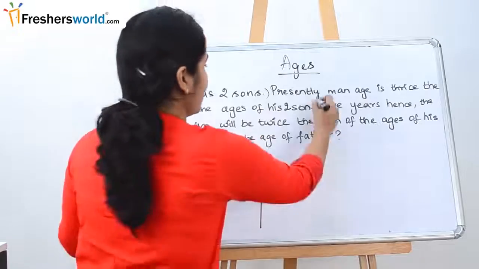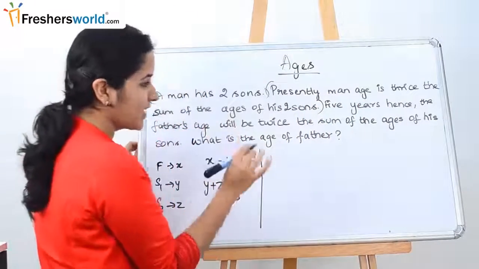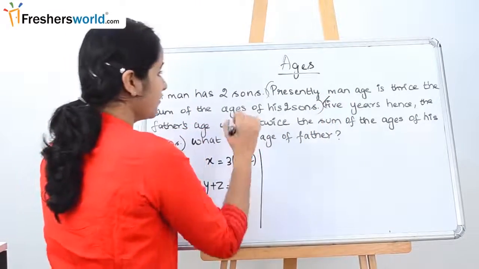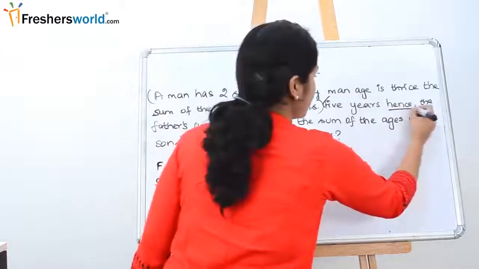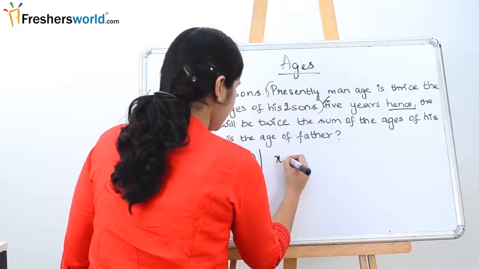Next part they have given is 5 years hence, the father's age will be twice the sum of the ages of his sons. So, this is the next part of the question. 5 years hence is after 5 years, so plus 5.